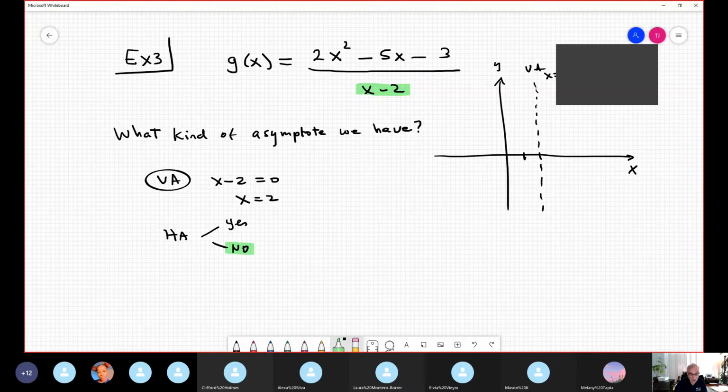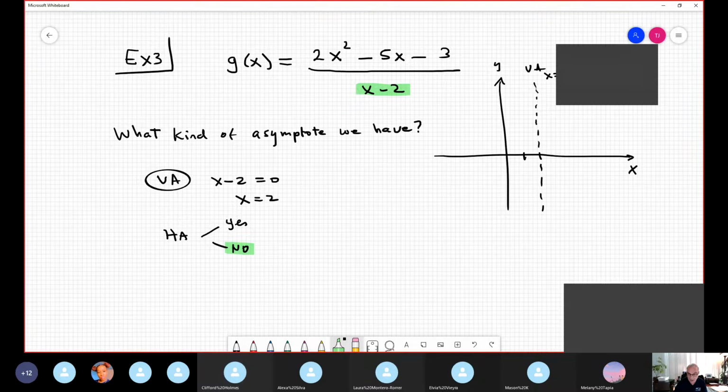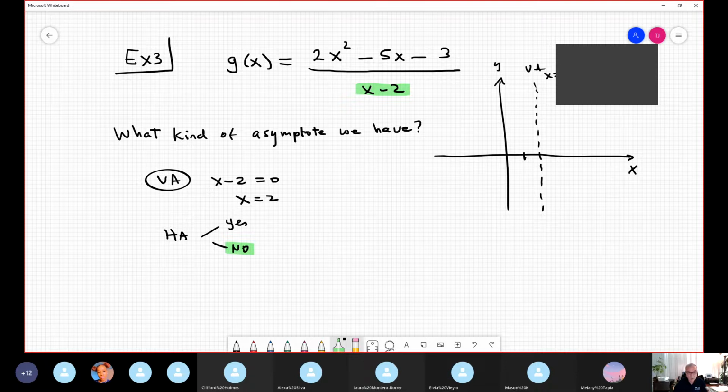Okay, listen to me. We have two possibilities. Degree not equal is not the reason, because we have a horizontal asymptote when the degree of the denominator is bigger.